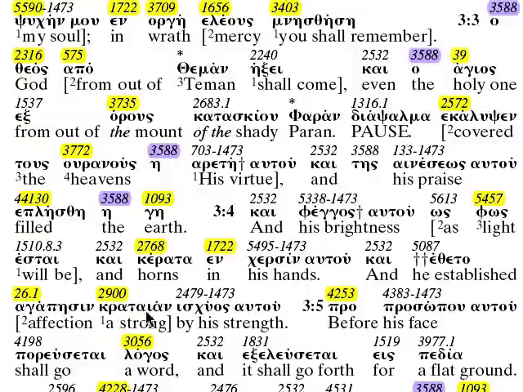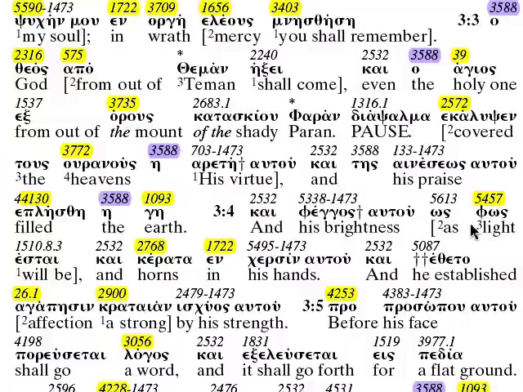And his brightness will be as phos, as light. Revelation talks about no need of a sun in the New Jerusalem, and his brightness throughout the Bible, whenever it talks about God, has to do with him being light. God is light.